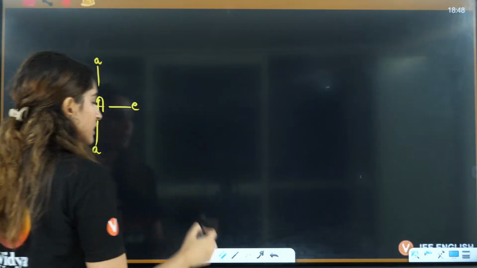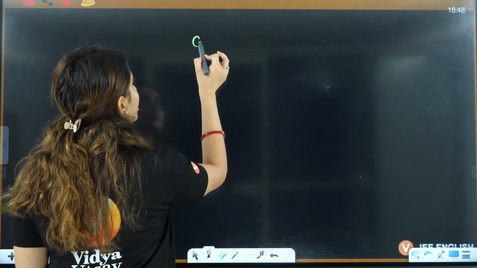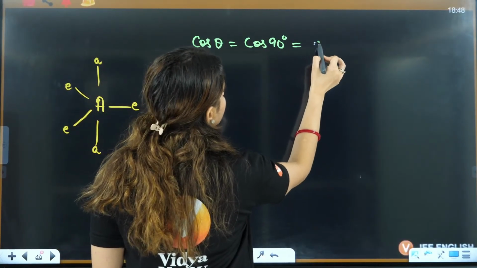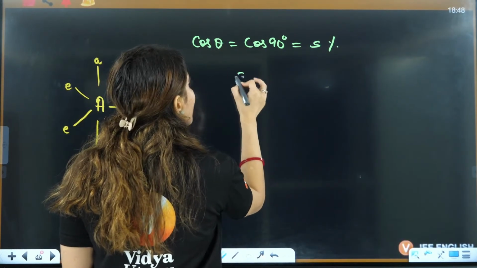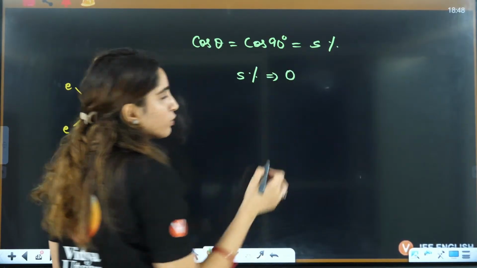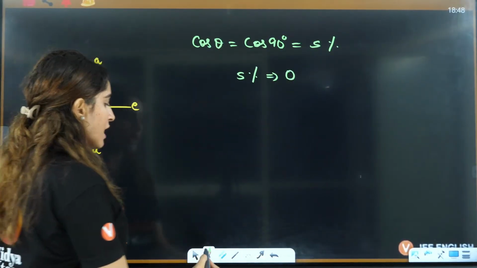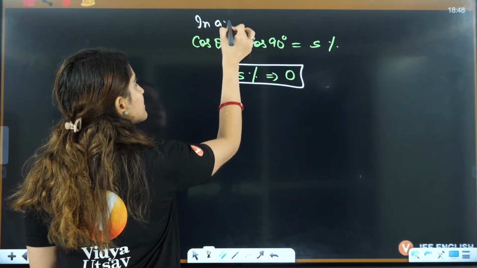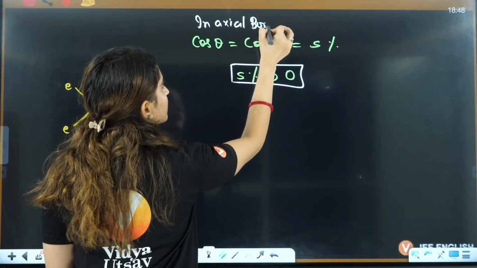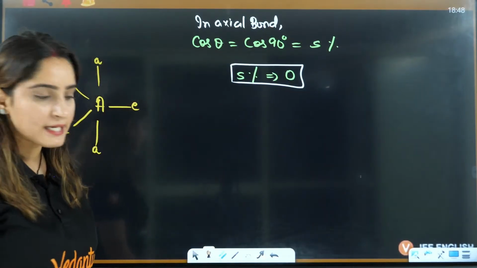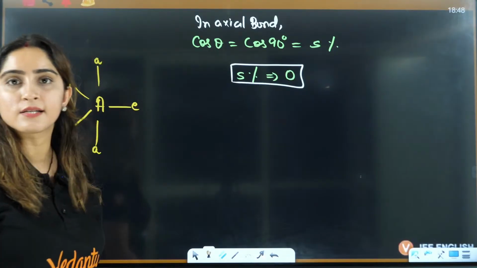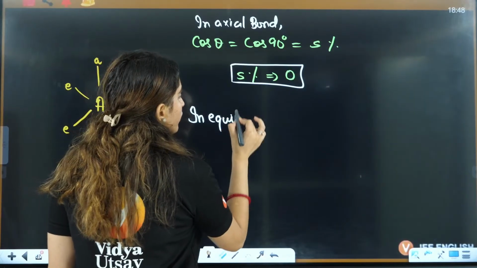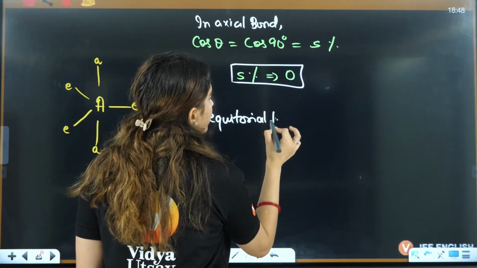So can I say cos theta equals cos 90, which is defining the s percentage. Cos 90 is nothing but 0. That means the percentage s character in an axial bond is going to be 0. Now let's talk about the equatorial bond.